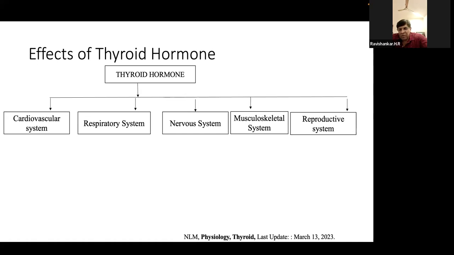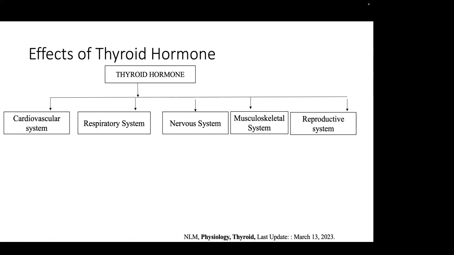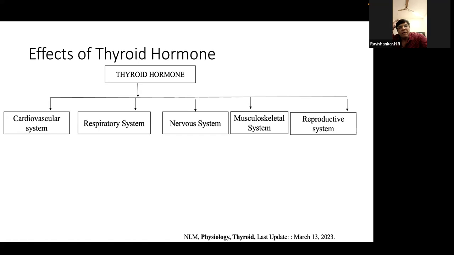In Hashimoto's it is usually hypothyroidism, but initially the swelling and destruction of the gland releases thyroid hormone, which causes thyrotoxicosis, called hashitoxicosis. As the autoimmune process proceeds, there is more and more destruction of the thyroid follicles, ultimately leading to hypothyroidism. You followed? Yes, sir. Okay, right. Carry on.